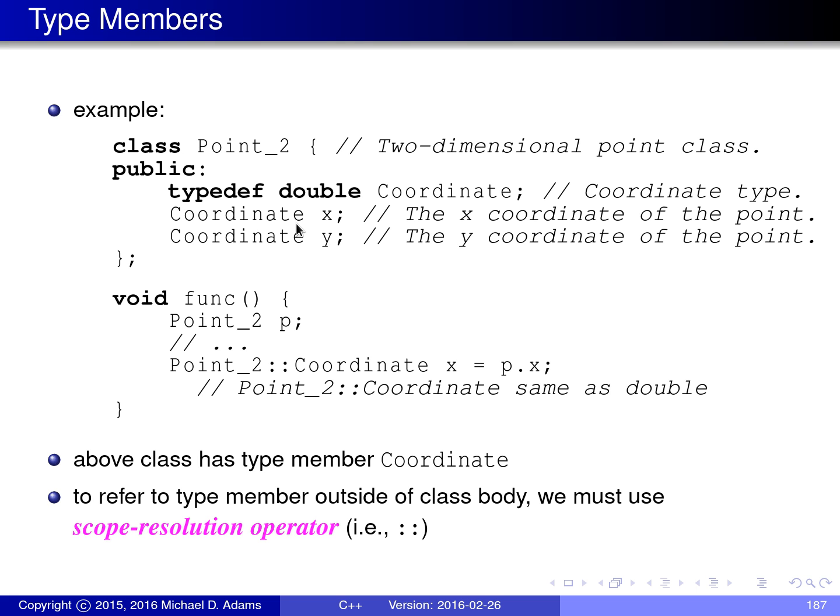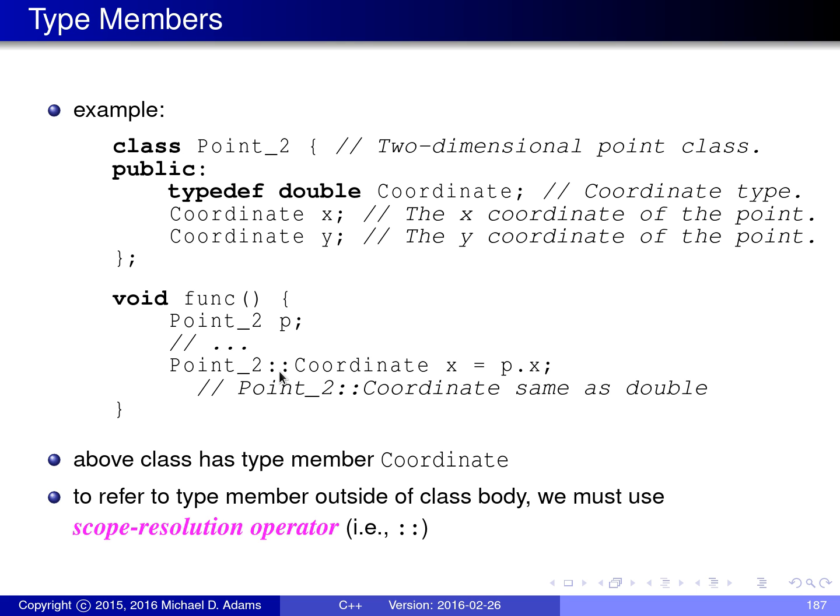And then we have an example of a function here which is using an object of type point2, so it creates this variable p of type point2. And just to use an example here, we're trying to create a local variable inside this function which has the coordinate type for its type. So we're trying to create this local variable x, and we want the type of x to match the type of the coordinate type that's used by the point2 class.